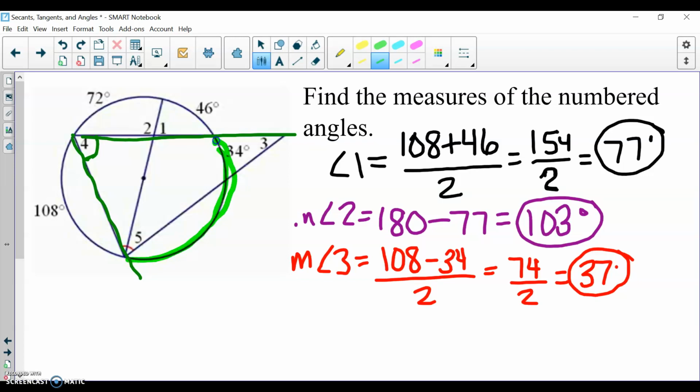But notice that we don't know one part of this arc. We have 34 degrees, but we don't have the rest of it at the end. There are 360 degrees in a circle, so what we can do is subtract all these other outside arcs from 360 to figure out that missing piece.